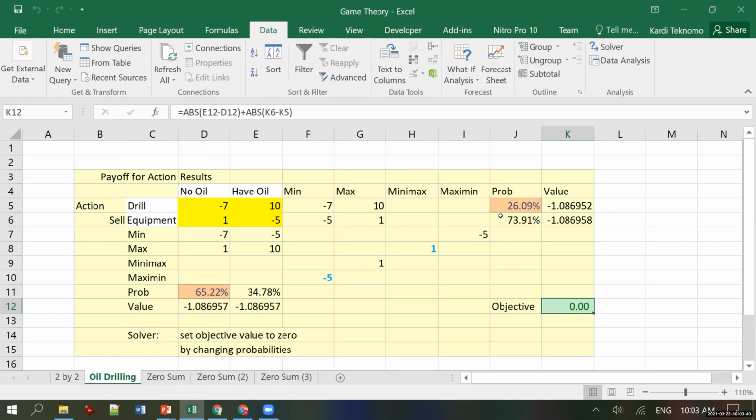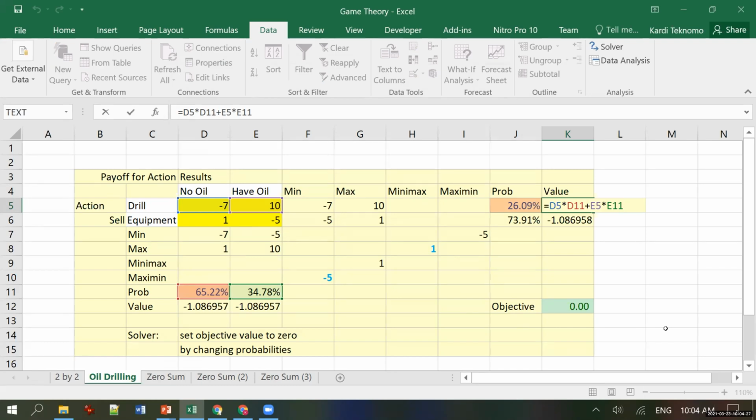Could you click on the value? I want to make sure. This one? Yeah, my formula is correct. This formula is just D5, which is the payoff, multiplied by D11, which is the probability, plus E5, which is half oil. This value represents payoff multiplied by probability of the columns.